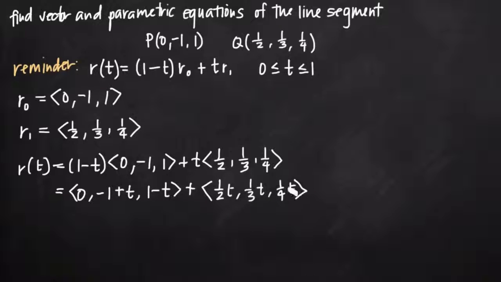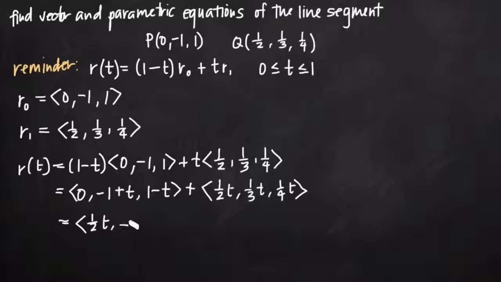And now, because we've essentially added two vectors together, we're just dealing with vector addition, and we can add each of our components together. So adding our x components together, 0 plus 1/2 t just gives us 1/2 t for our x component. For our y component, we want to add -1 plus t to 1/3 t.